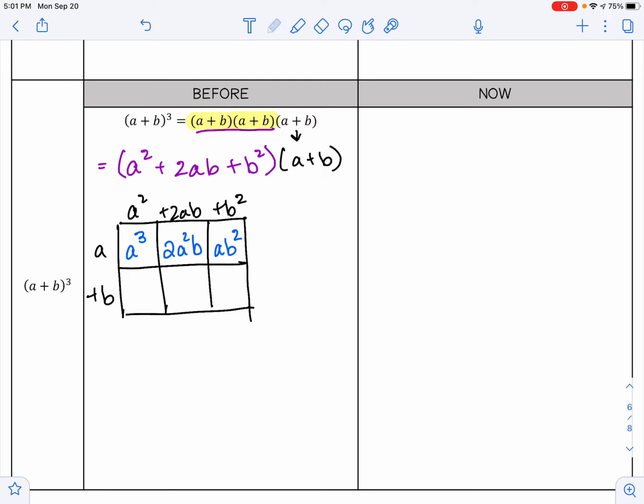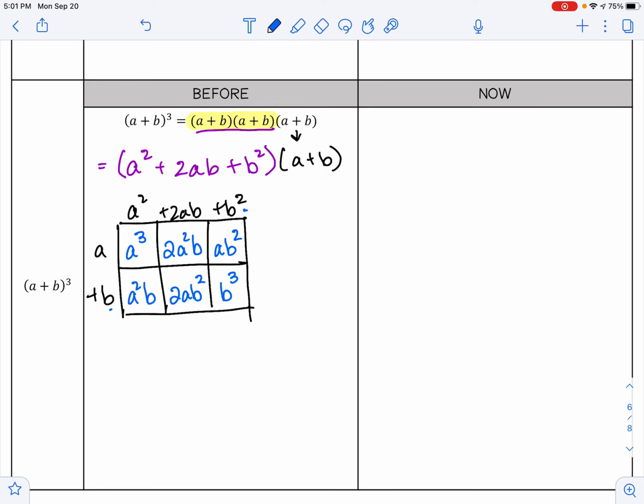B times A squared is A squared B. B times 2AB is 2AB squared. Yep, that's right. And then B times B squared is B cubed.